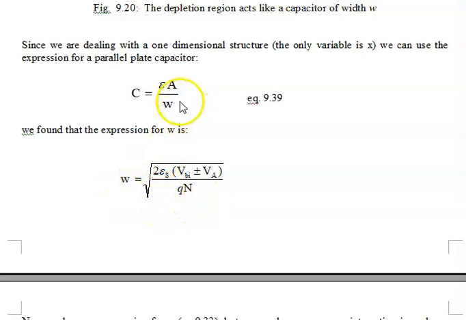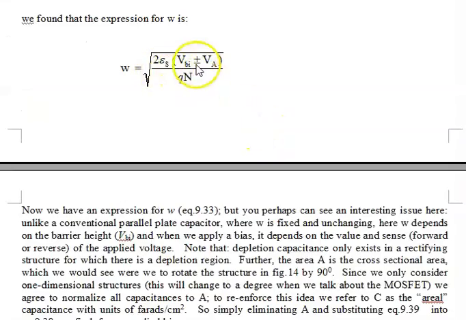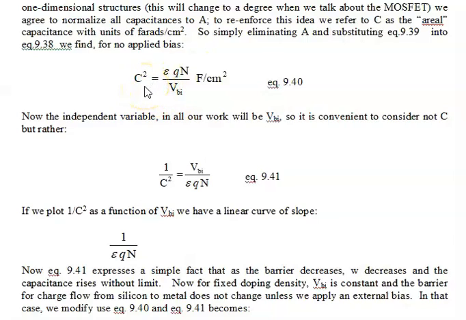We stick in W into this equation, and since W is square root, we'll simply take the square and we get the capacitance squared, and here it sits in equation 9.4. This is in equilibrium. There's no VA here. We're going to put in the VA later on. Notice that we have farads per square centimeter.